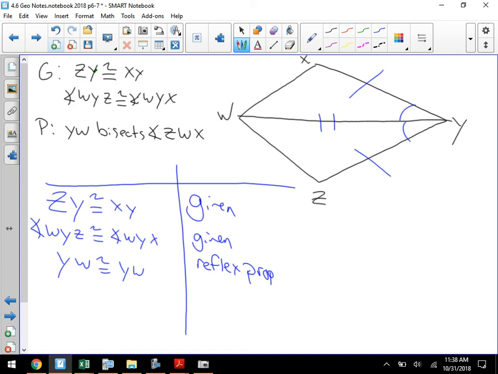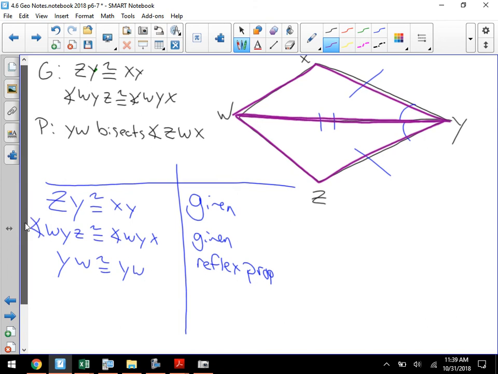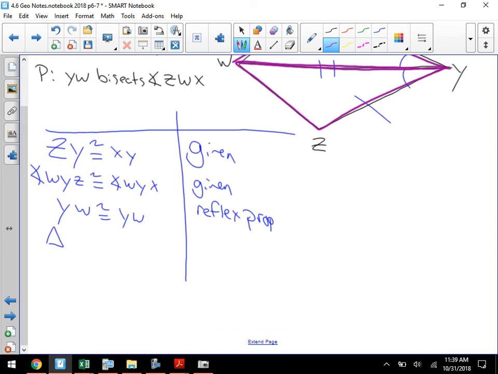That means less thinking. The letters that were given to you, WYZ, that's a triangle. WYX, that's a triangle. Use those letters. And the reason would have been what? Side, angle, side.